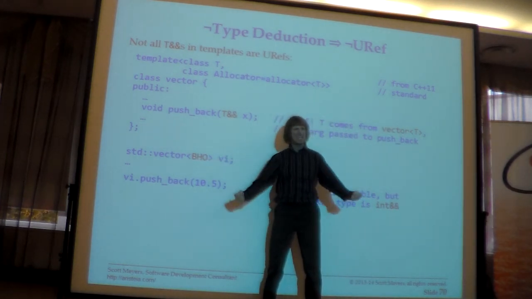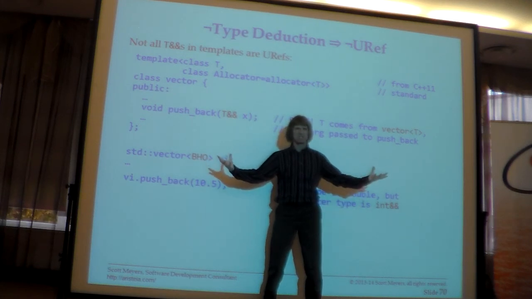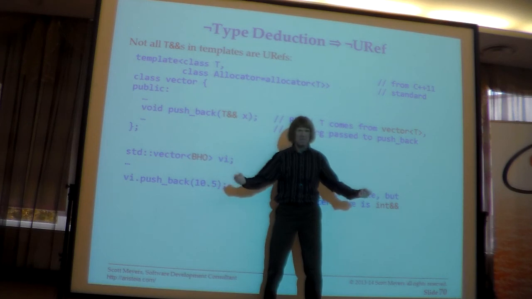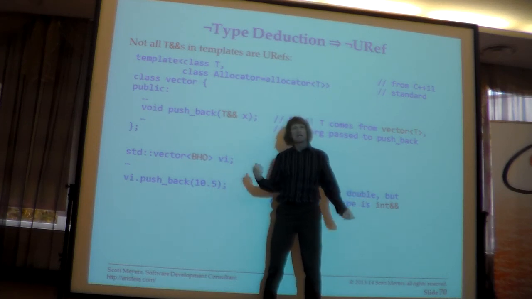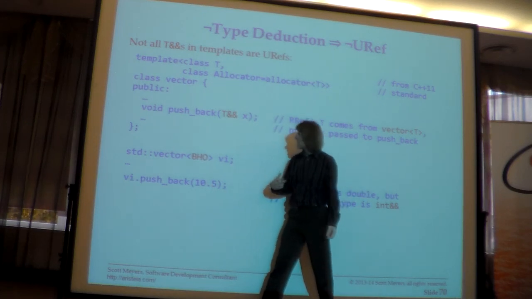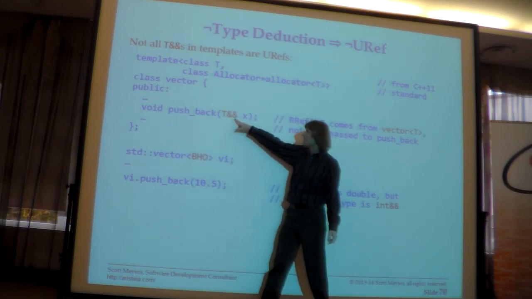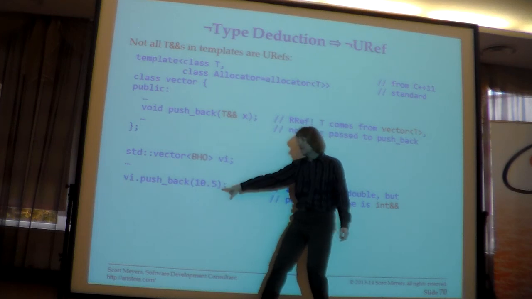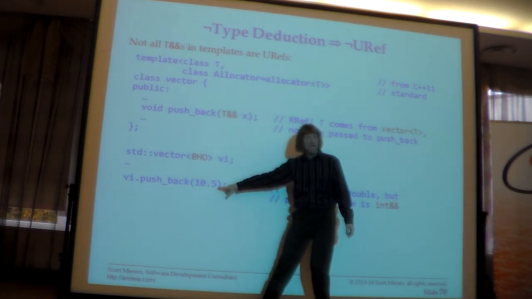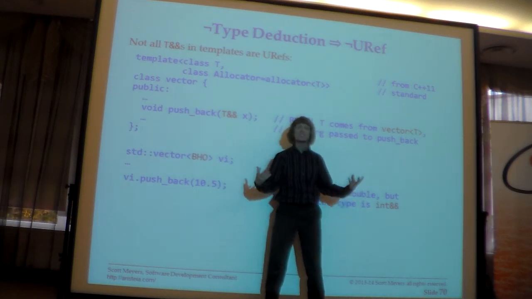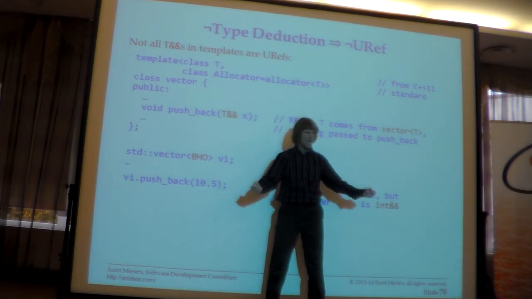BHO stands for Big Honkin' Object. It's a big object that uses lots of memory. So in this case, push_back will now take a reference to a big honkin' object. I'm passing it a double. Let us assume there is a constructor for a big honkin' object that takes a double.